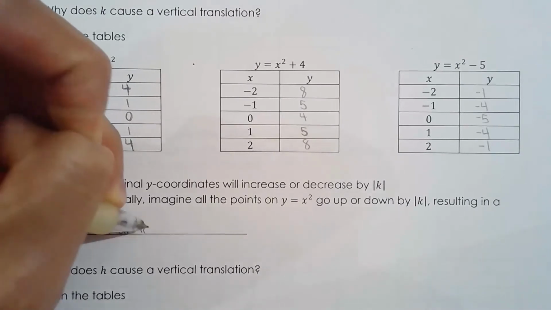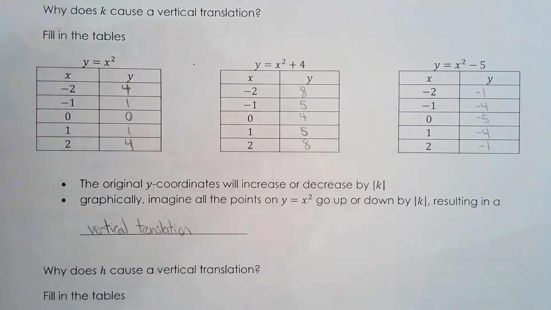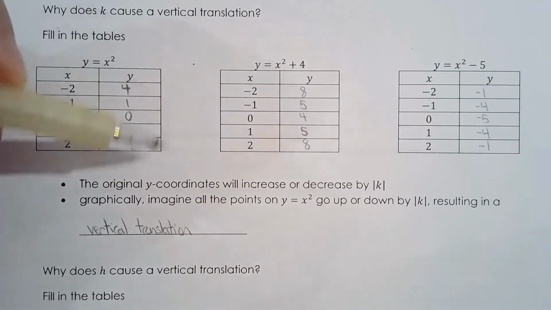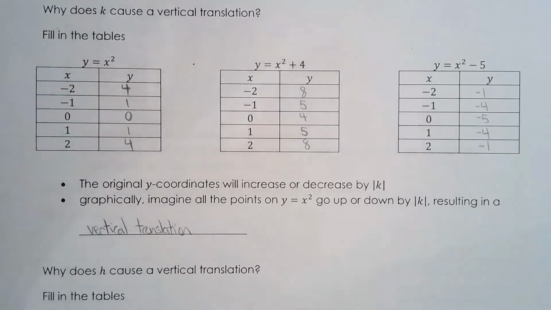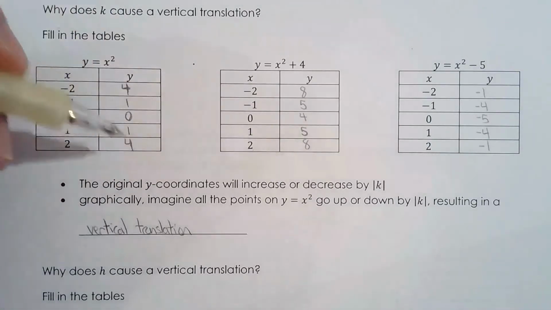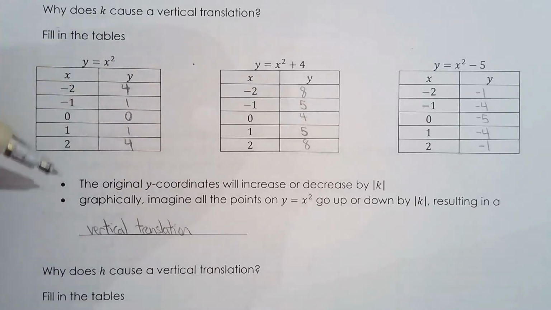It makes perfect sense that when we manipulate k, we create a vertical translation because you're changing the y coordinates by adding k, or if k is negative, then I guess you're subtracting. But all you're doing is manipulating the original y coordinates by adding k. And if k is negative, then your new y coordinates will be lesser than that of the original y coordinates, which means the points are now lower on the Cartesian plane.